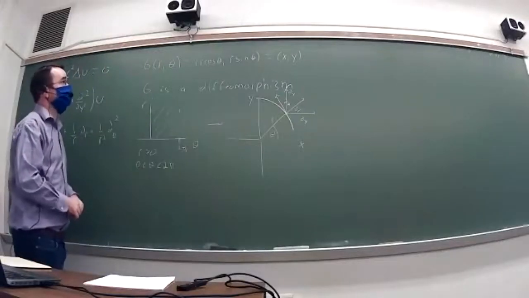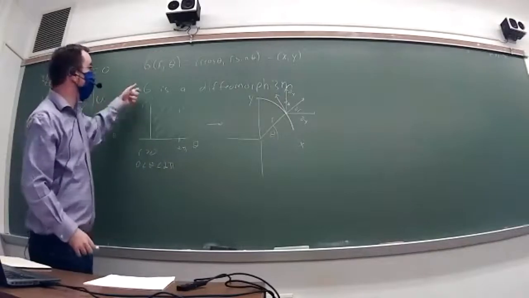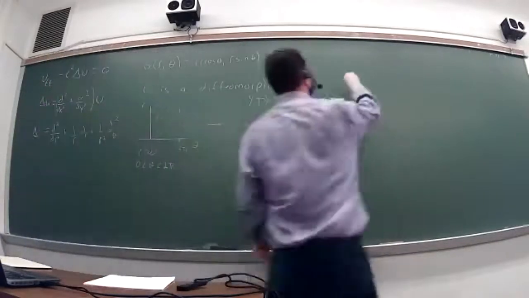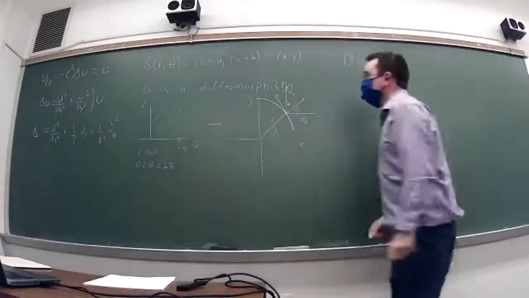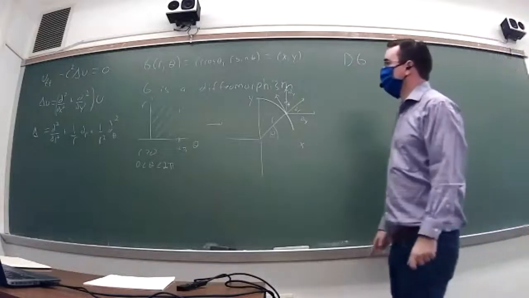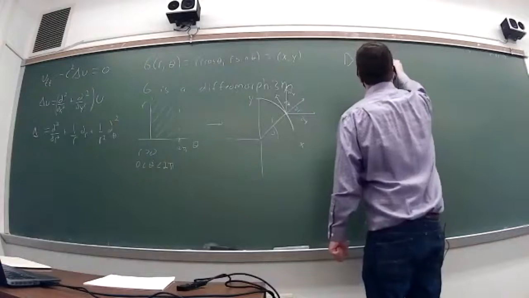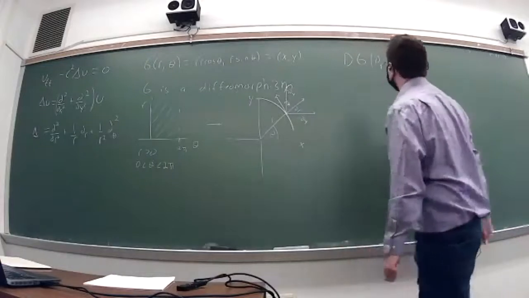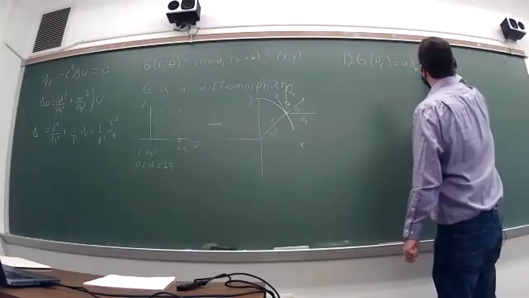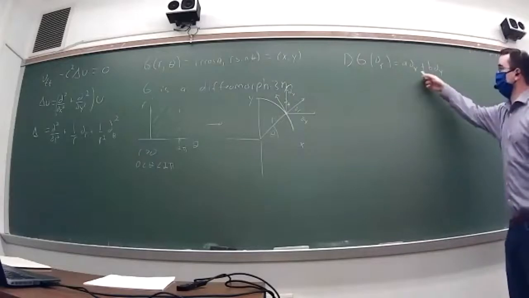What is that linear transformation? Well, it's going to be the derivative of your coordinate change. Here you've got a coordinate change from r theta to xy, so you should expect that dg will tell you how to convert a vector like dr into dx and dy.